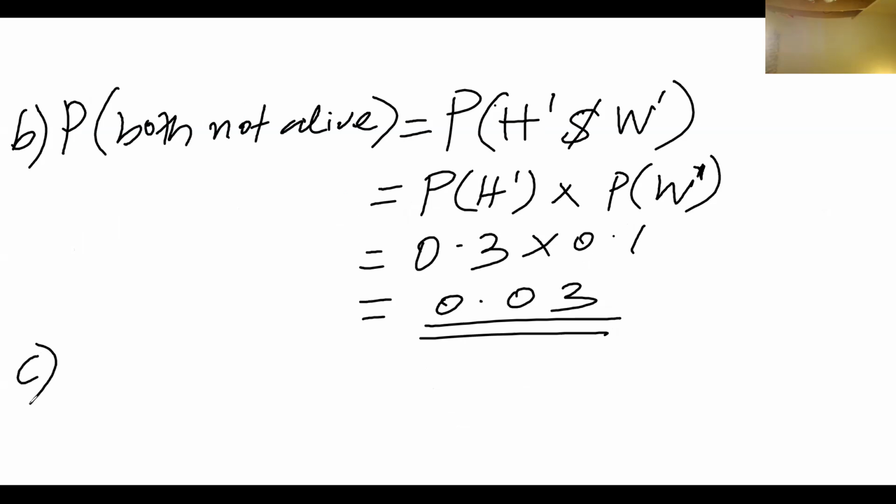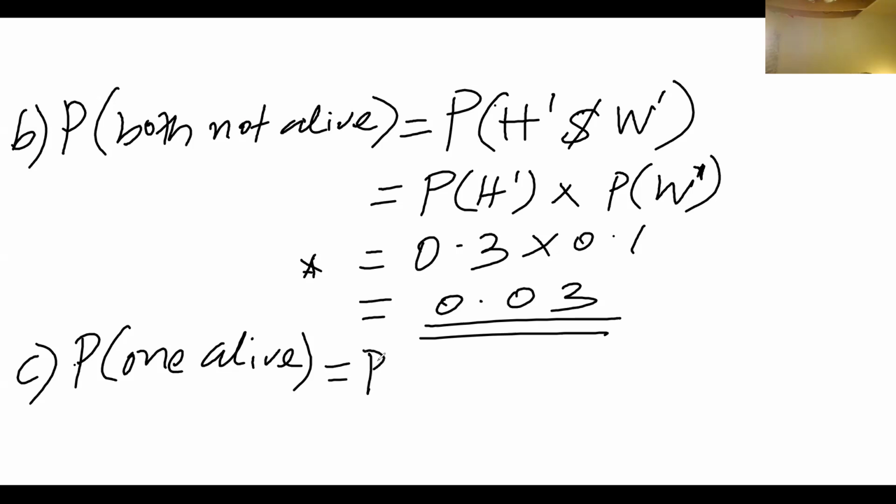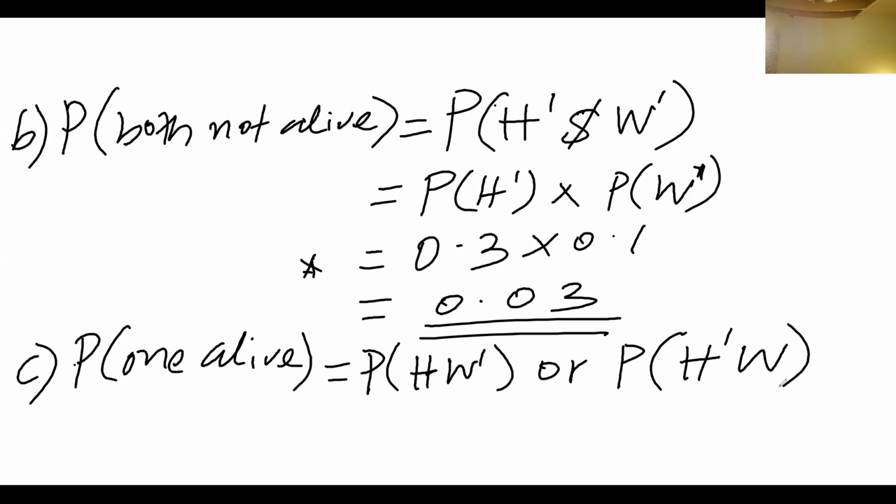The probability that one will be alive. So the probability that one will be alive is the probability that the husband is alive and the wife is dead, or the probability that the husband is dead and the wife is alive.